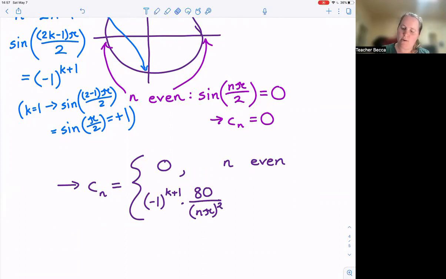I'm going to actually swap that n out for a 2k minus 1. So 2k minus 1 times pi, parentheses squared, for n equal to 2k minus 1.